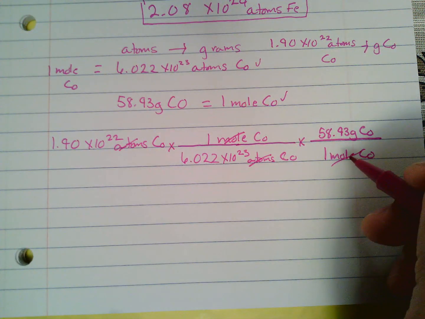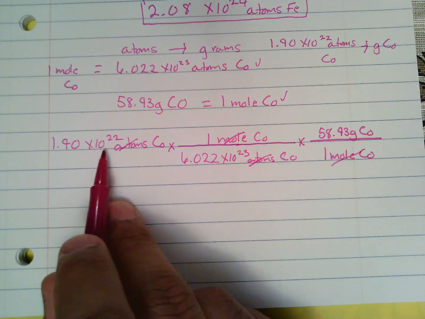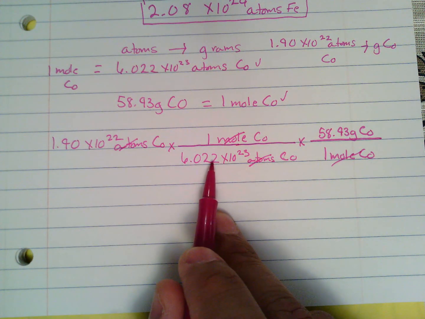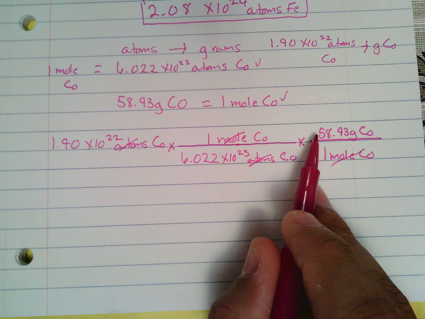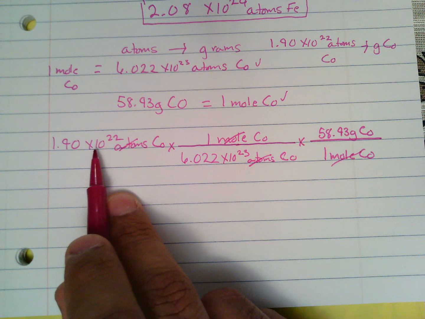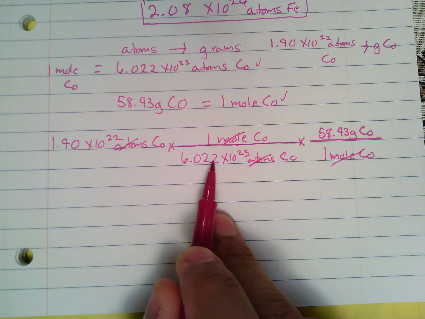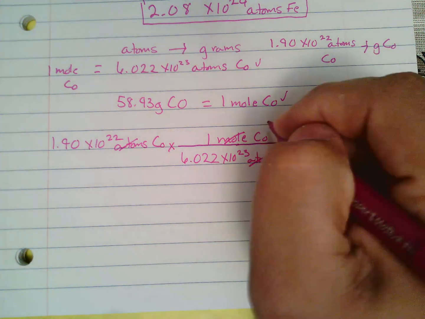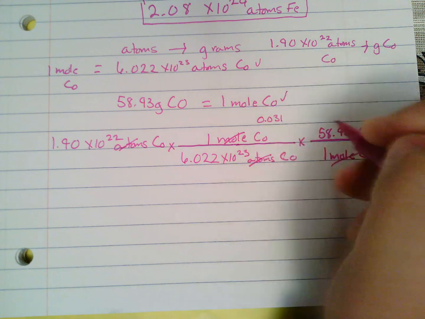So mathematically speaking, what you do here is you take this number and divide it by Avogadro's, and because that number is up top, the atomic mass, we multiply it by this. So when you do this step right here, 1.9 times 10 to the 22nd, and you enter that in and divide it by Avogadro's number, you're going to end up in your calculator getting something about 0.031.